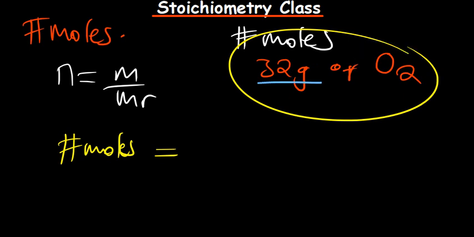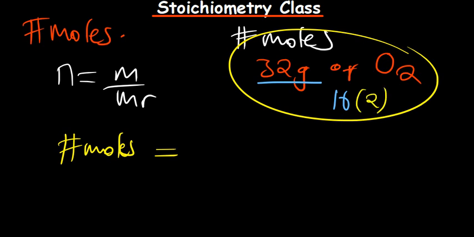Now, what other information do we know about oxygen other than the mass? Some of you know that if you check a periodic table, you are going to find what we call the molar mass. So the molar mass for oxygen is 15.99 something. Of course, if we round it off for the sake of our example, we're going to take it as 16. Now, because in this case oxygen exists diatomically, there are 2.